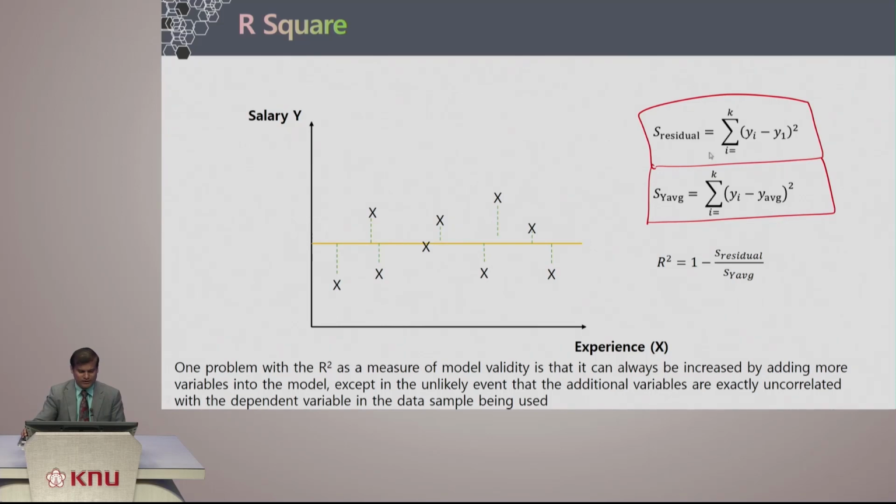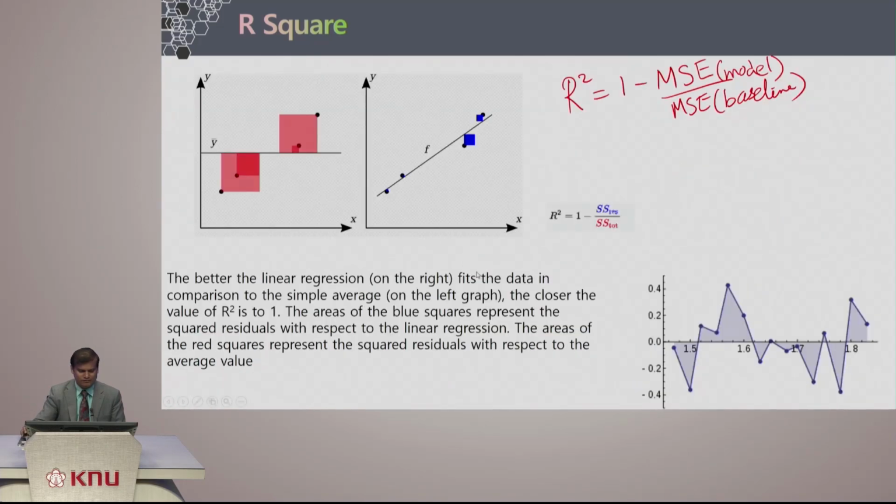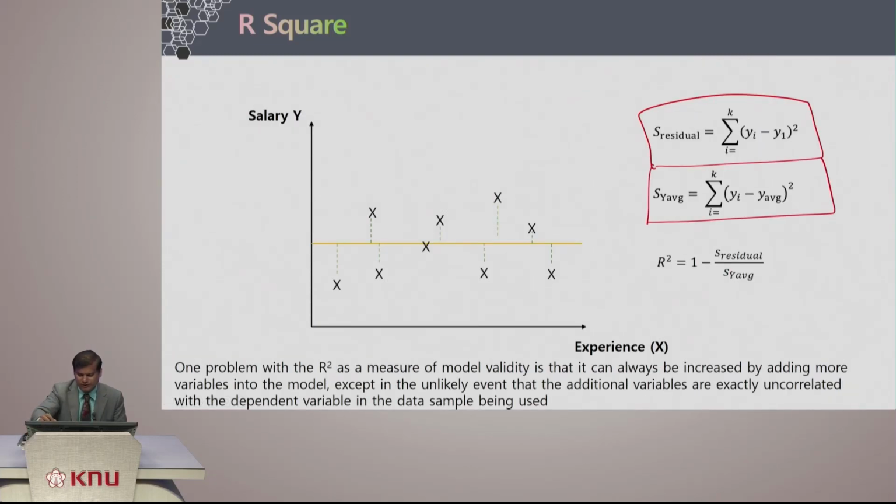So we have seen here the better regression line fits the data in comparison to the simple average. So always we want a better regression line that fits the whole data, so that R square is closer to 1. Once this term becomes 0, R square will be just 1, right?